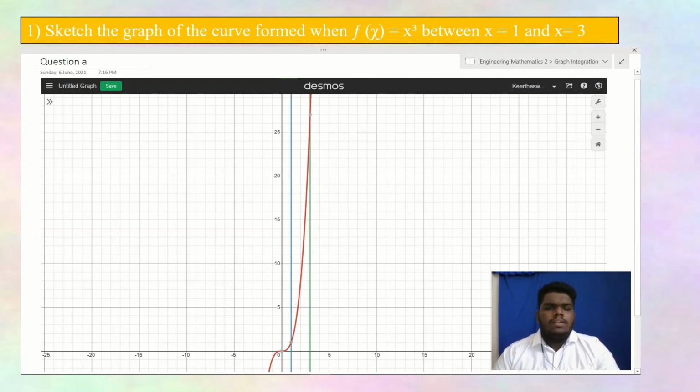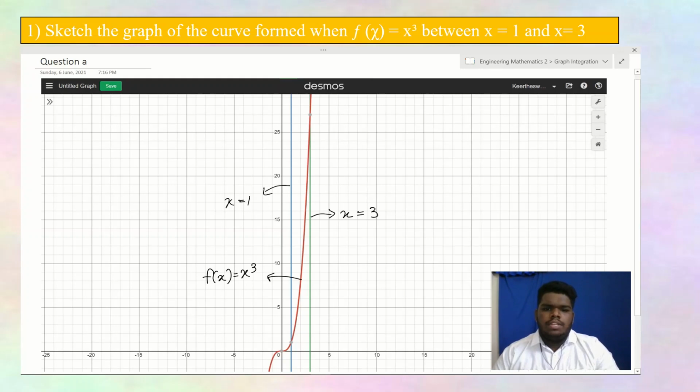Question A. Sketch a graph of the curve formed when f(x) is equal to x cubed between x equals 1 and x equals 3. So in this question, the x cubed is this. This is the f(x) function, x cubed, and x equals 1 is this, and x equals 3 is this straight line.